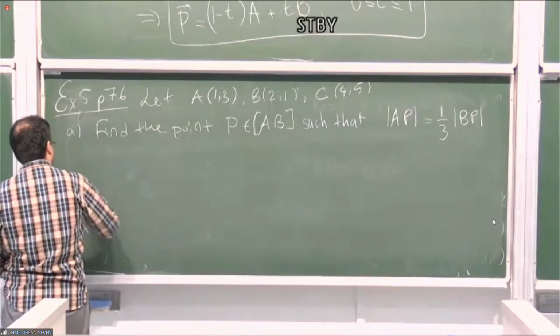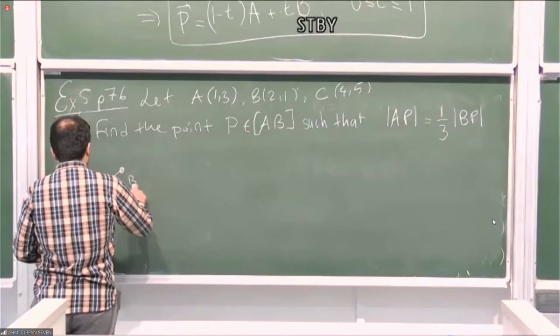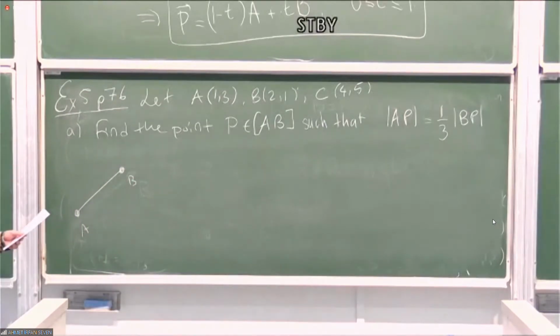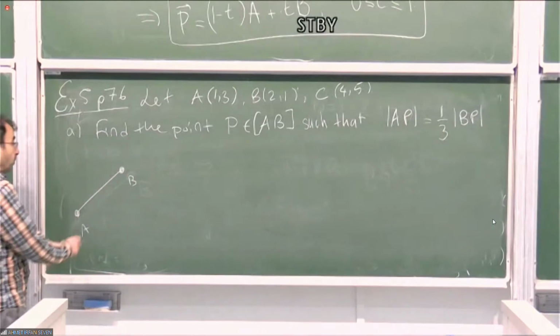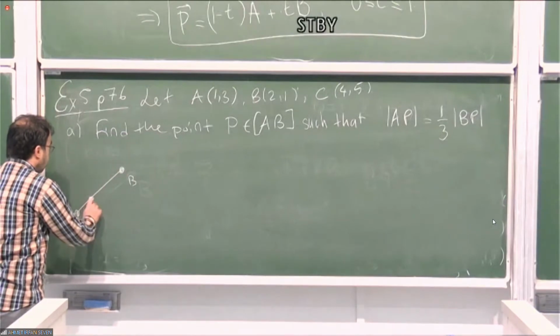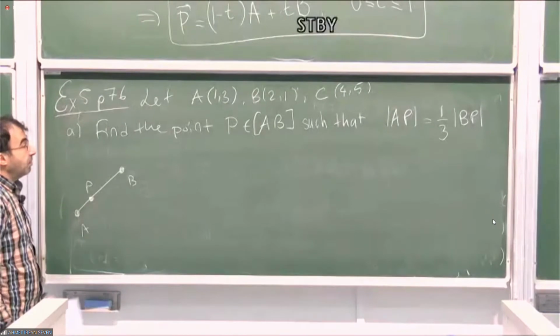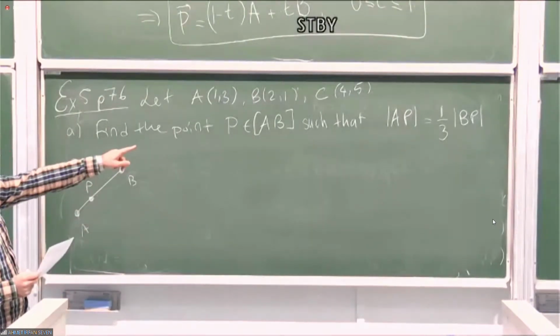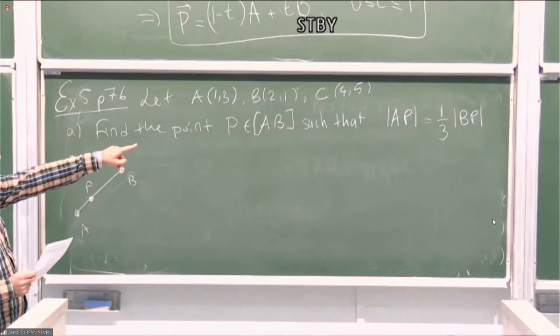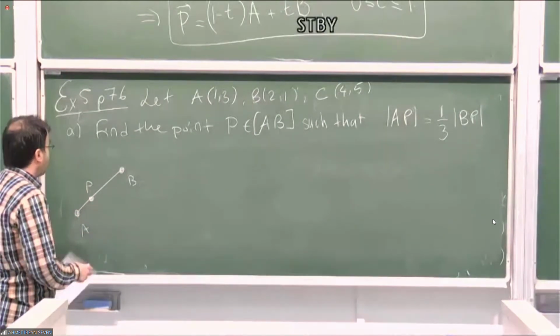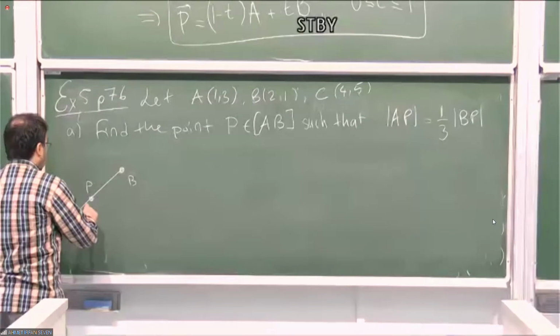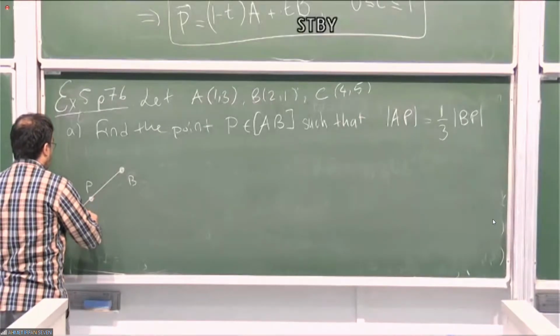Typically, again, we have A, B. It says that find a point P in the line segment between A and B such that P will be here, that the distance between B and P will be 3 times the distance of A and P. Yes.